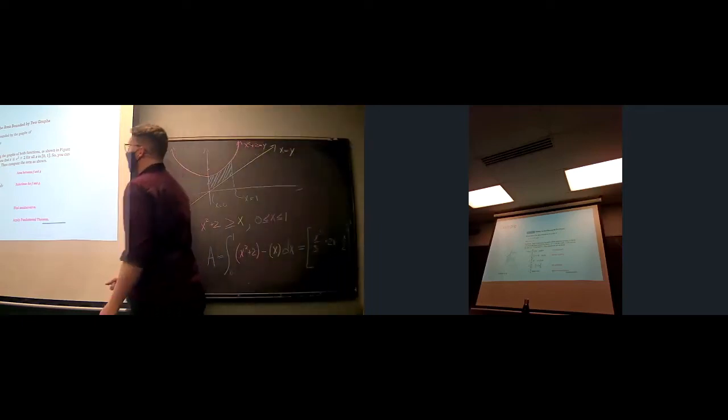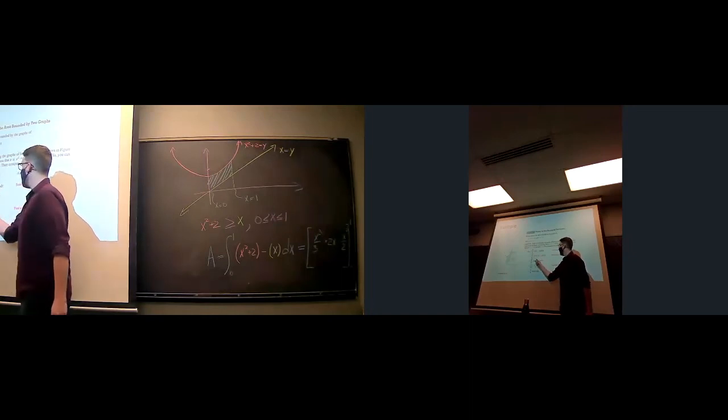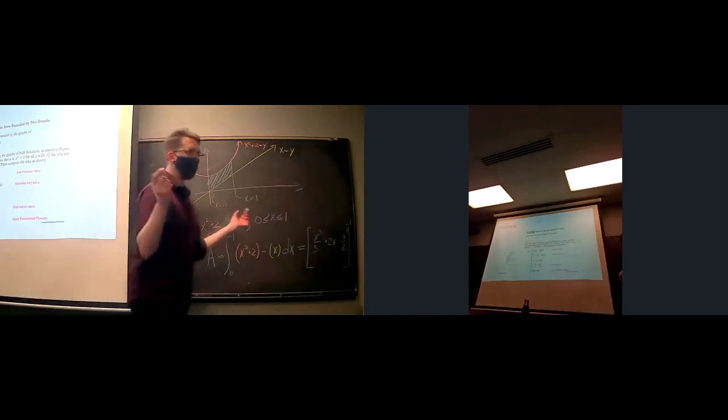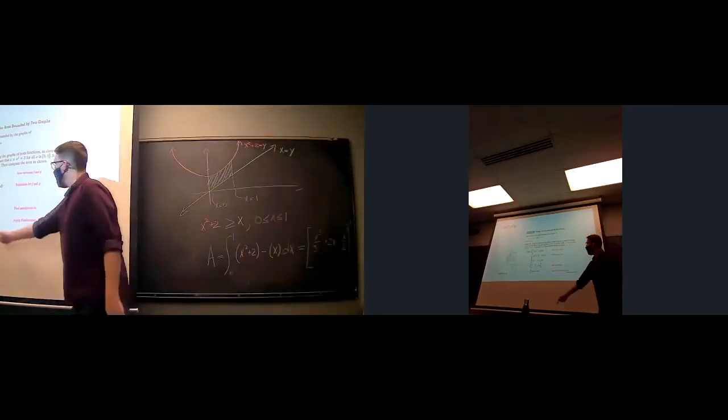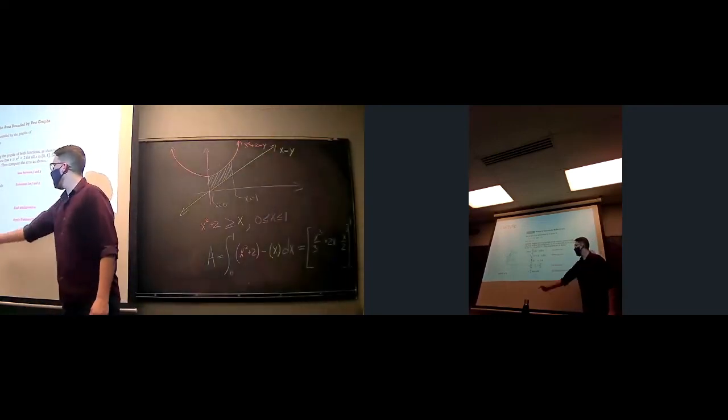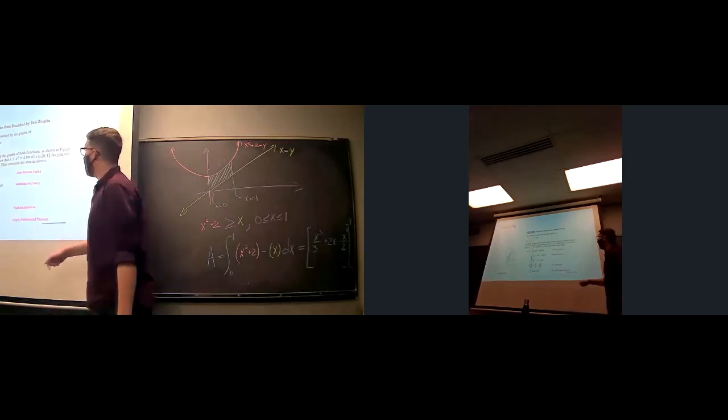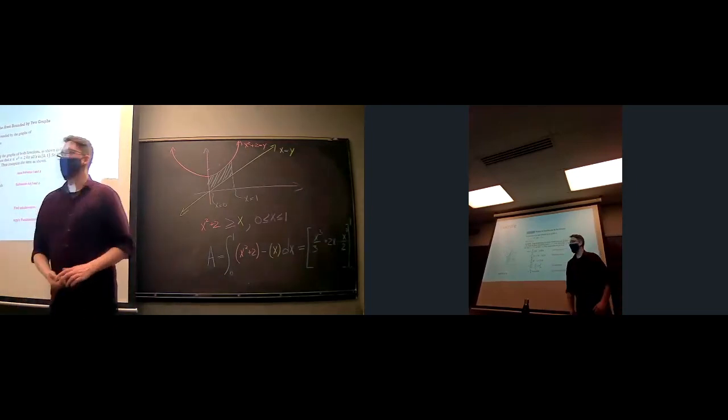Now the book rearranges it. They say, hey, we can just go ahead and drop all these parentheses and group them together like a normal polynomial and integrate it just like we usually would. But in the end, we're going to get that our antiderivative, once we do this evaluation, is 11 over 6.